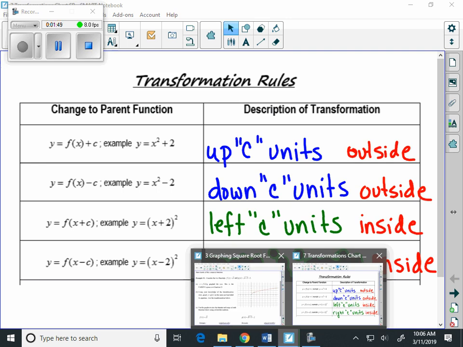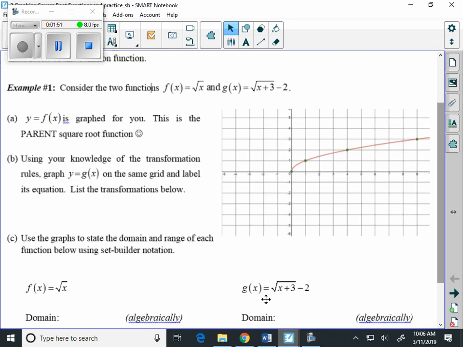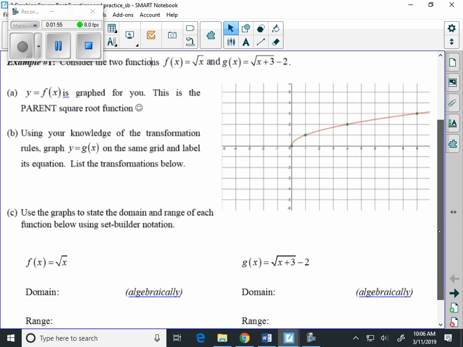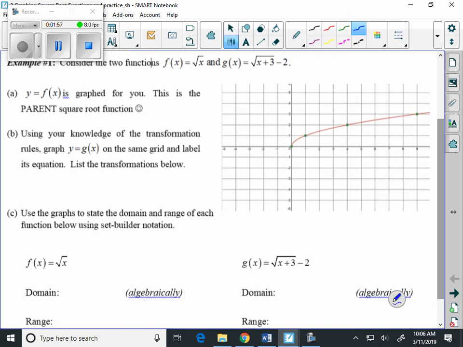So when we go back to graphing this one, we see that x plus 3 inside the function means that we're going to go left 3 units, and the minus 2 outside the function means that we're going to go down 2 units.